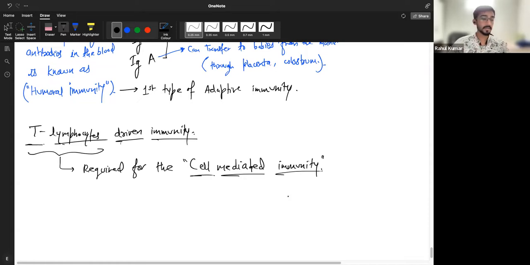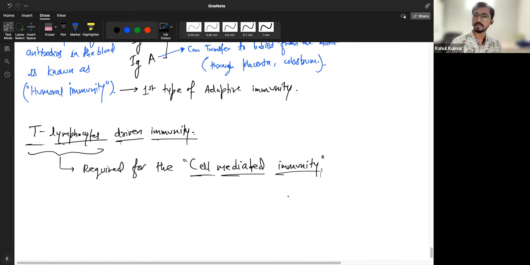Anyone knows what is cell mediated immunity? It's mainly driven by T lymphocytes. So anyone has any idea? I asked you to read a little bit on immunity, right? You did not read. Cell mediated immunity. How many of you know about organ transplants?